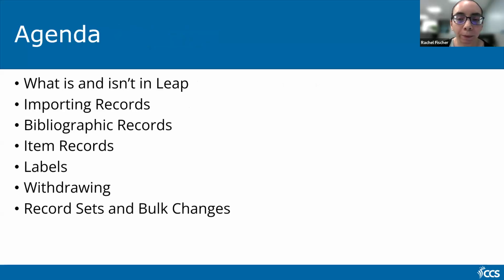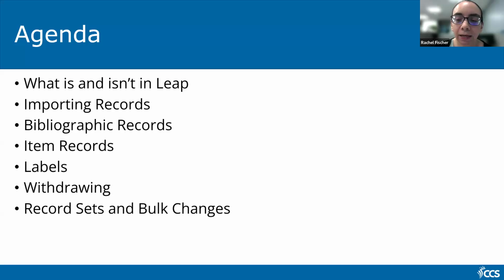So as with my previous webinars on Leap's updates, I'll begin with an overview of what you can and cannot do in Leap at this time so that you can understand how the development is progressing. Then I'll demonstrate the functions in the cataloging workflow.